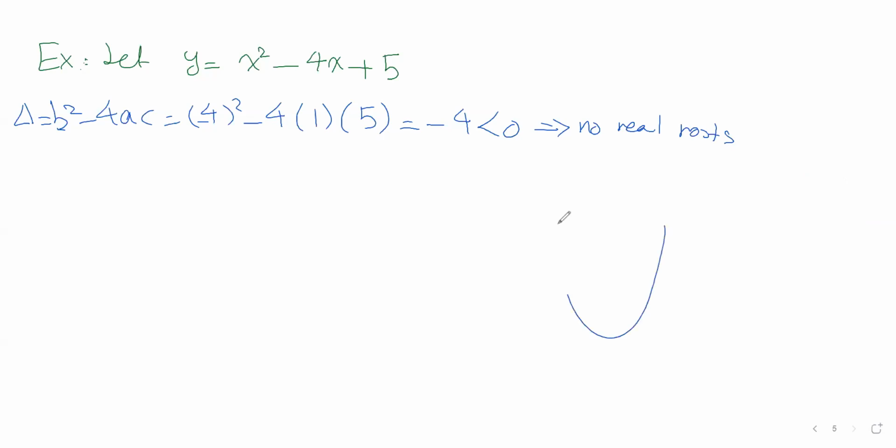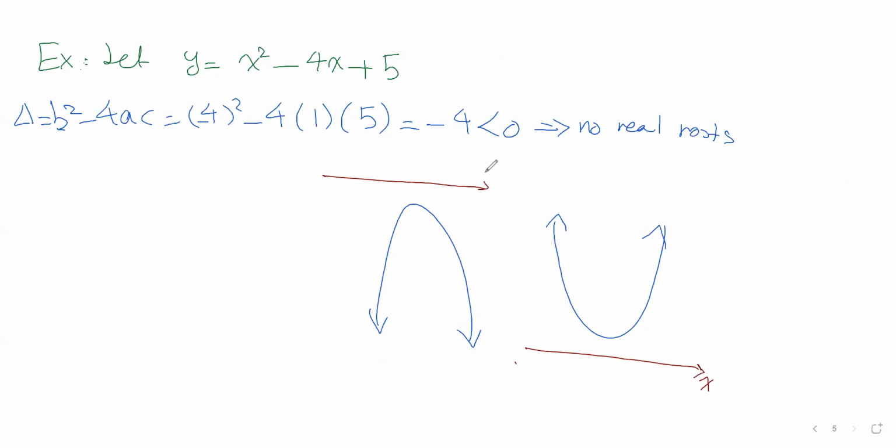So if you have a parabola that has no real root, then your x-axis cannot intersect the graph, right? So your x-axis has to be either above the vertex or below the vertex, because otherwise it intersects.